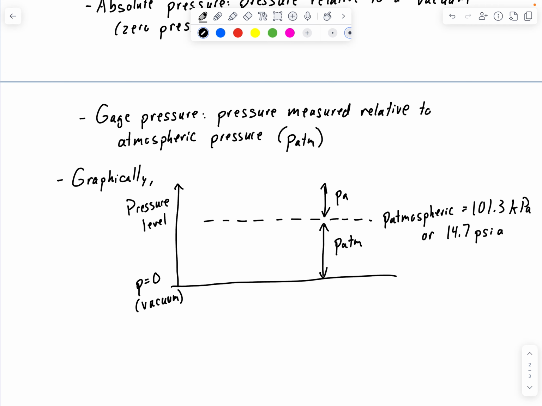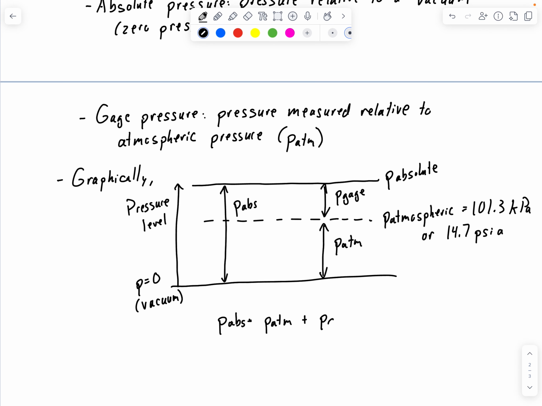The gauge pressure can be greater than the atmospheric pressure, or it can be less than. When you add those two together, you end up with the absolute pressure: P absolute is equal to P atmosphere plus P gauge.